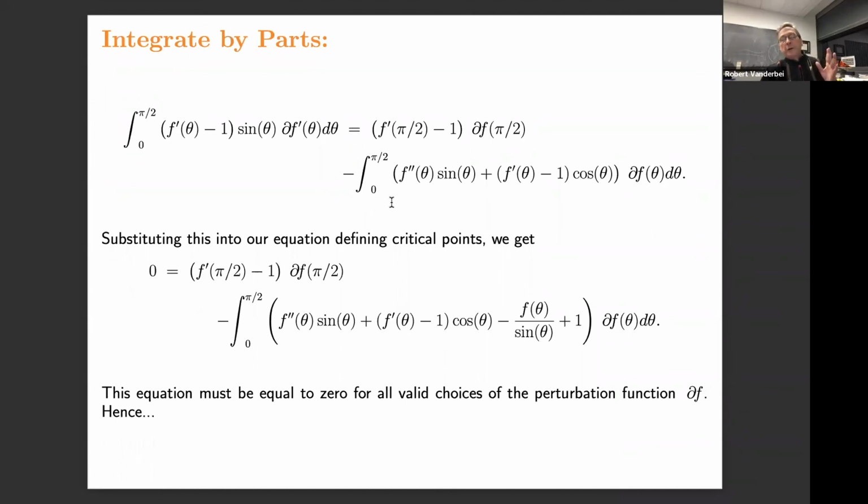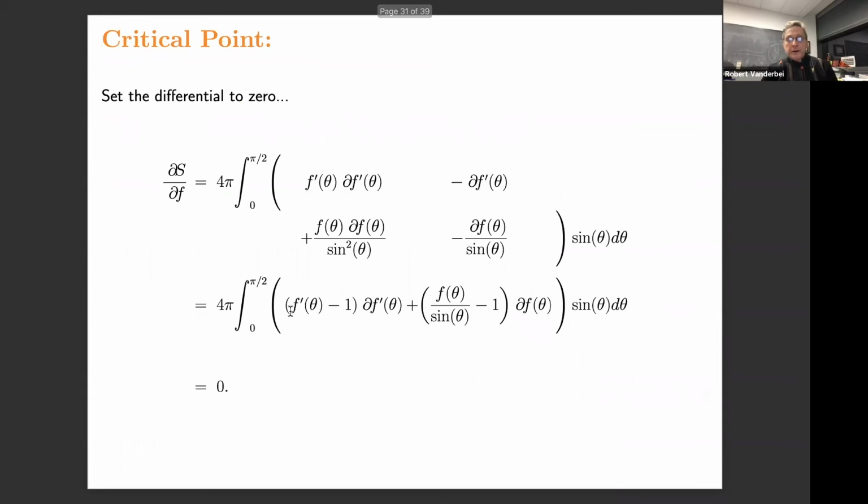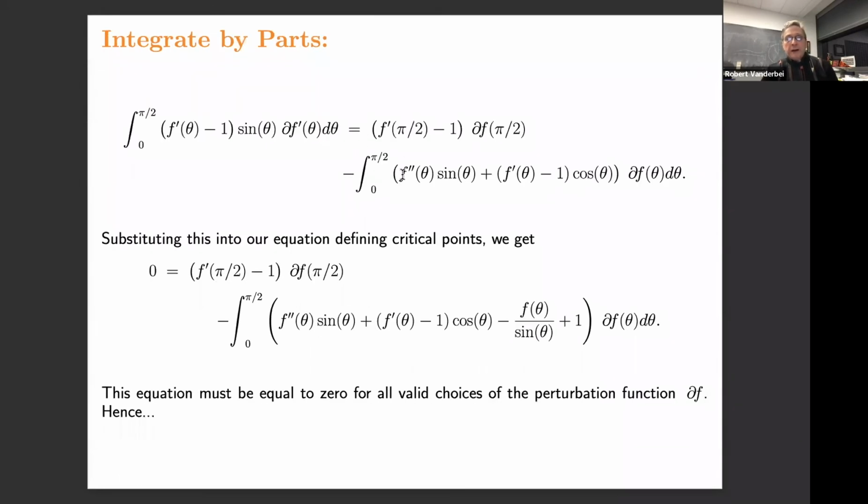But as all of you who remember integration by parts, when I switch things around like that, it's got a minus sign. And there's also a boundary conditions term, which at 0 turns out to be 0. And at the upper limit of pi over 2, I get this expression here. And so for this term in this integral, I'm now going to change that to this more complicated expression.